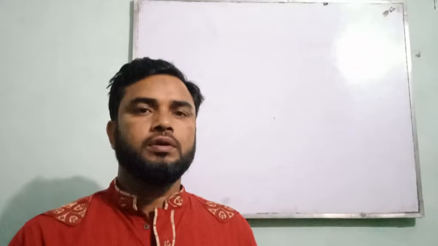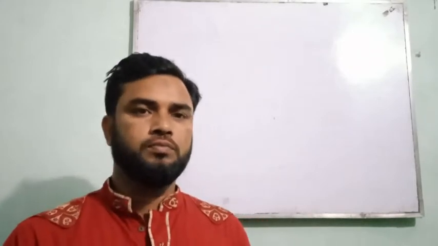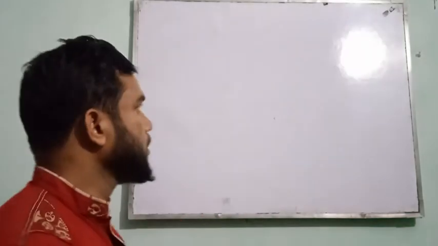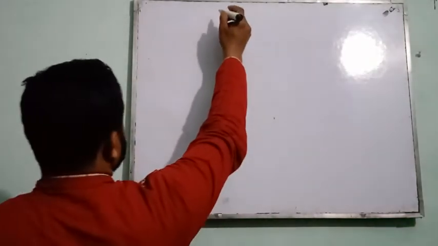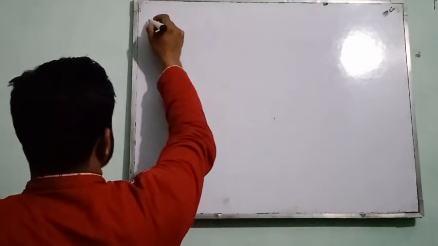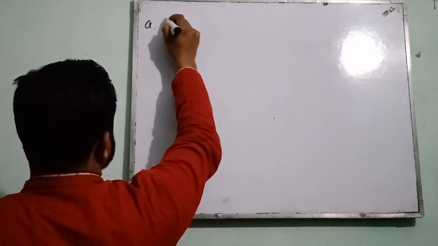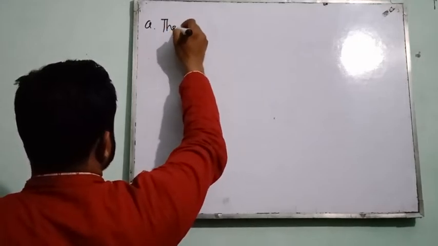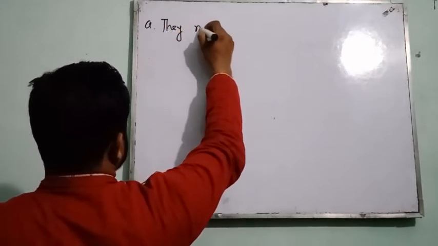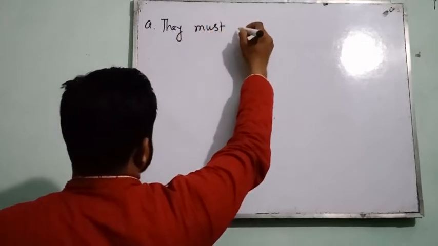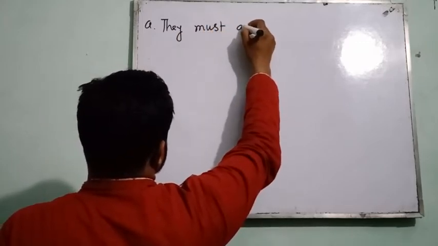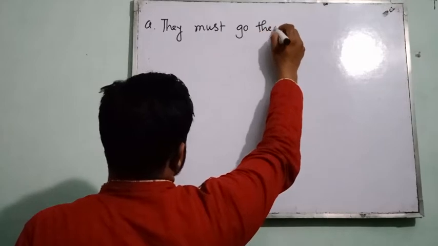Next, we are going to learn another rule of changing affirmative into negative, and we will learn this rule through some examples. Look at these sentences. They must go there.